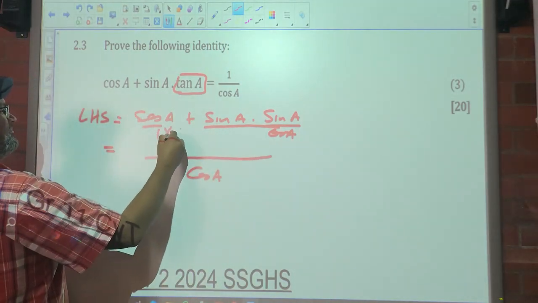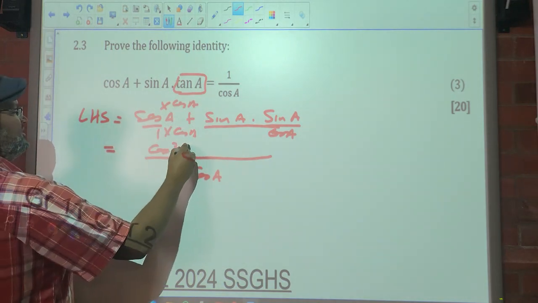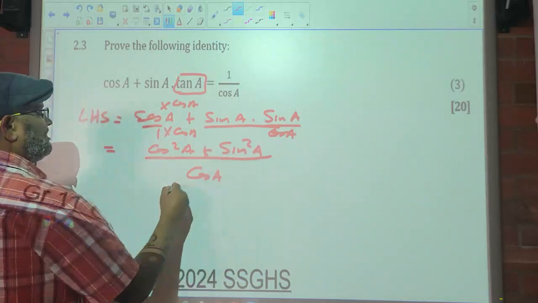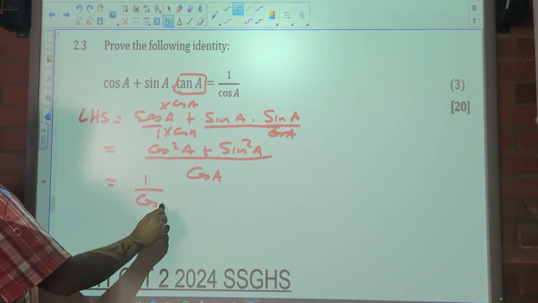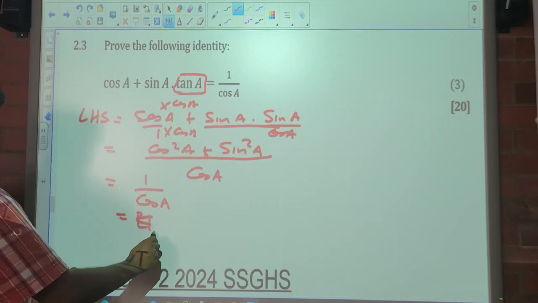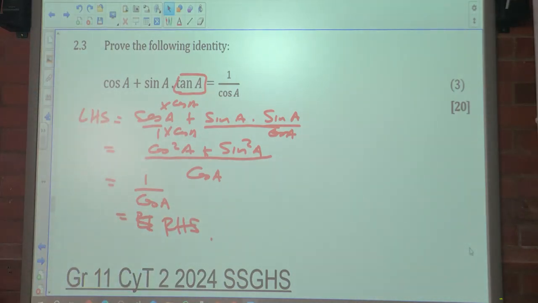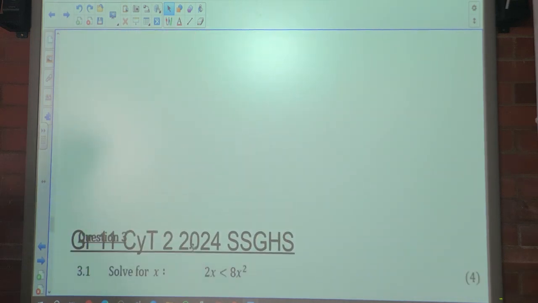So that term was multiplied by cos A. So you're going to become cos squared A plus sine A times sine A, sine squared A, over cos A. So what is cos squared A plus sine squared A? 1. So 1 over cos A, which is equal to the right hand side. Very easy, no? Many of you got that one, right?